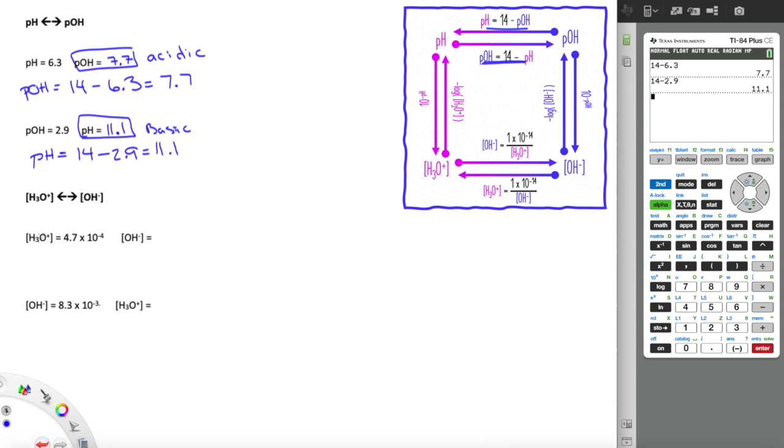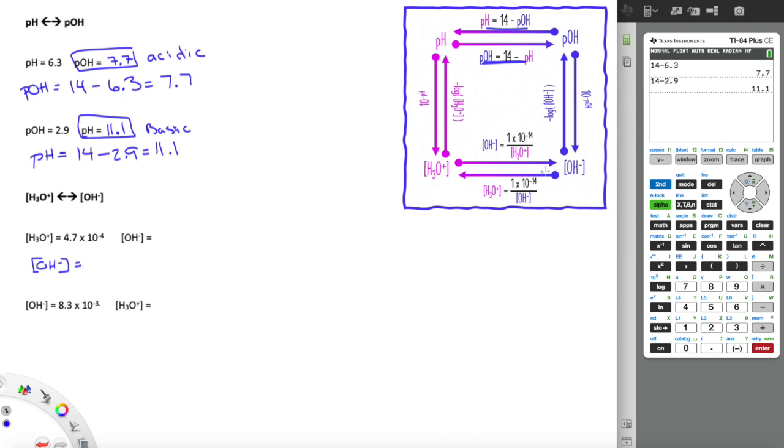And so this first problem right here is giving me the hydronium ion concentration and wanting me to calculate the hydroxide ion concentration. Again, I'm going to choose the equation where the hydroxide ion variable is on the side of the equation where it's by itself. So I'm going to set this equal to OH minus.